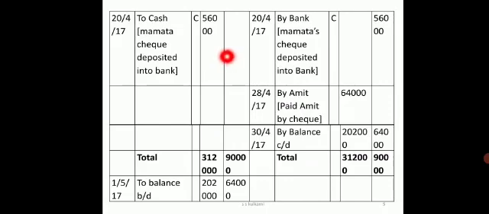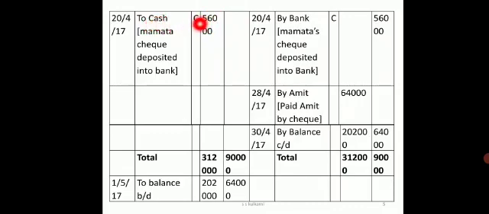Now on 20th, the check which was received from Mamta is deposited into bank. So when I deposit a check into bank, bank account is debited to cash. So cash account I will write to cash on the debit side. In the bank column I am going to write 56,000 because bank balance is increasing by 56,000.